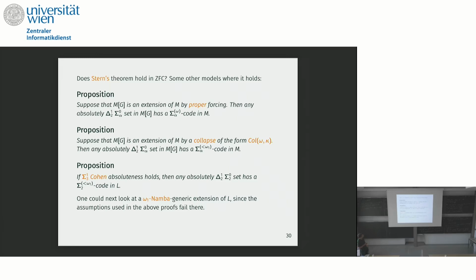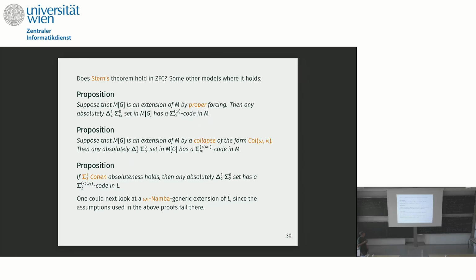For example, it's clearly true in the constructible universe, because then the code is already in L. Now let's force over L by a proper forcing, and then it's still going to be true. Why? Because a proper forcing cannot add any new Delta^1_2 Borel sets. So if the forcing adds such a code, then this set already had a code in the ground model. That's what one can show.